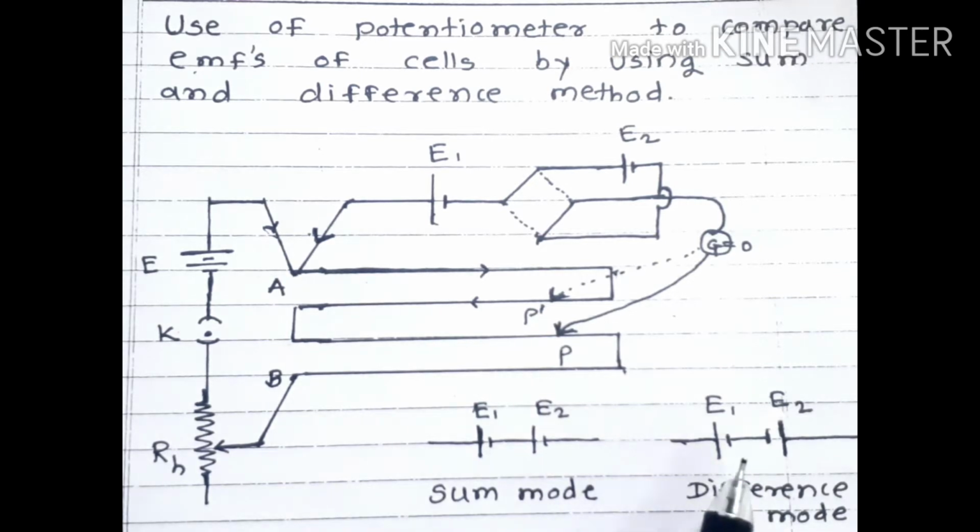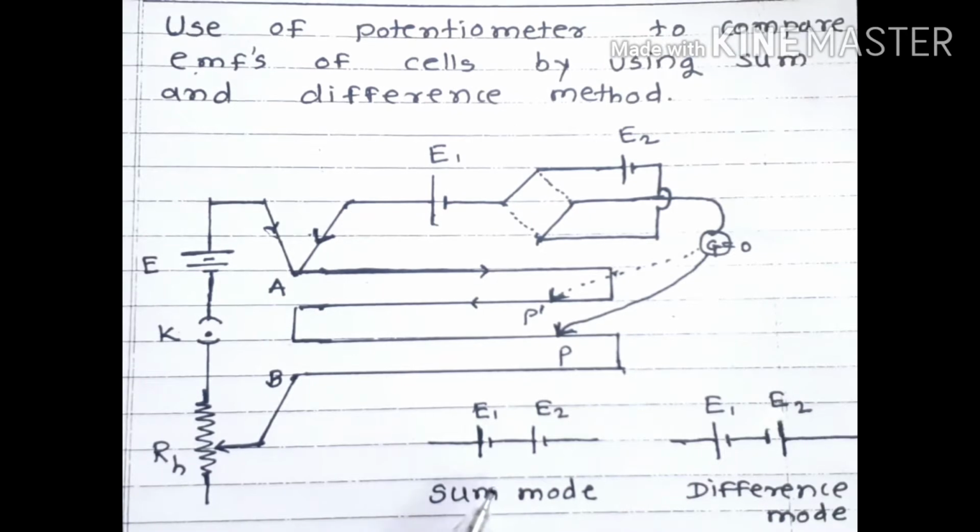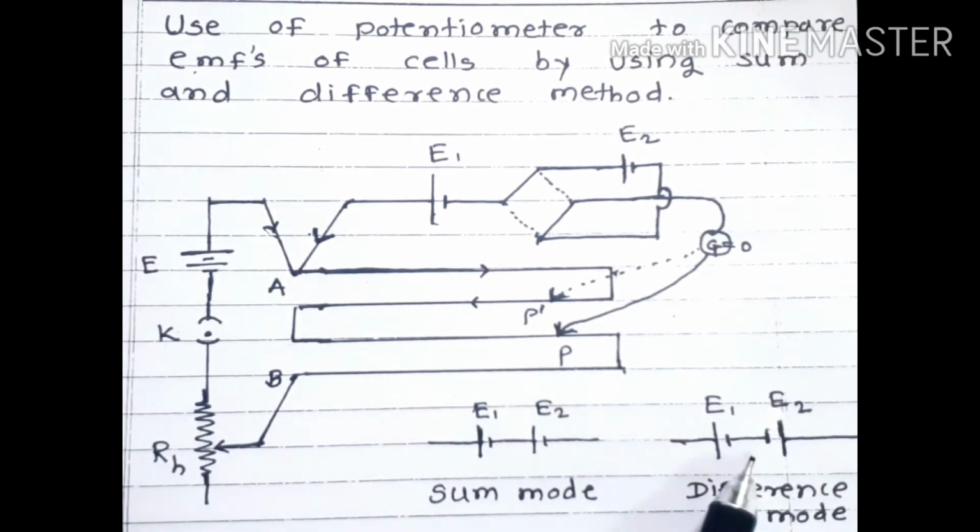And whenever we connect the negative terminal of the first cell to the negative terminal of the second cell, then that mode is a difference mode. This diagram indicates sum mode. This diagram indicates difference mode.